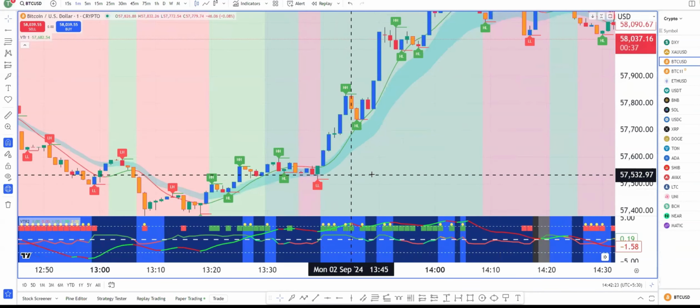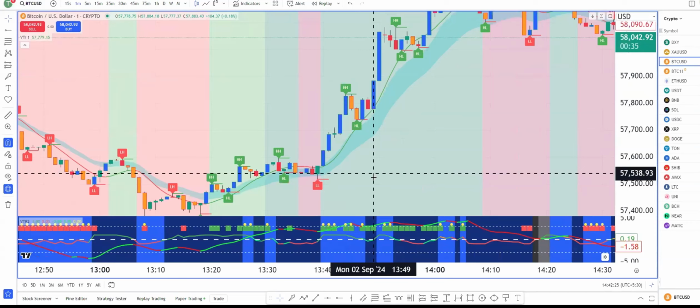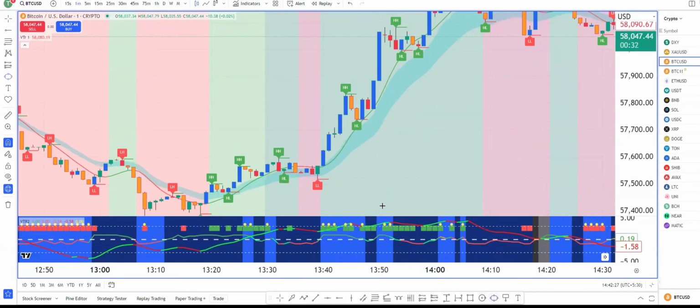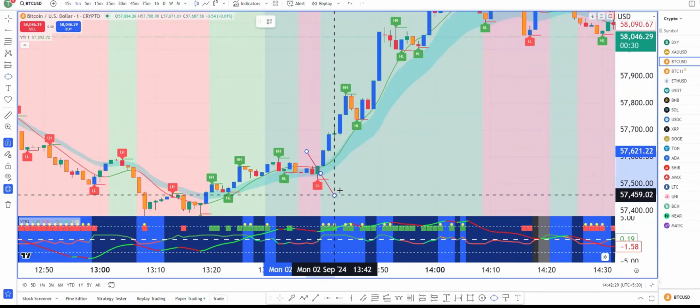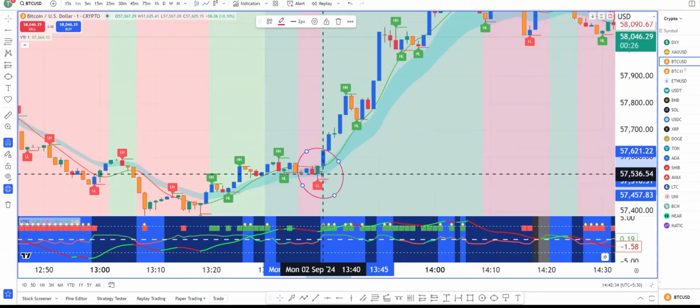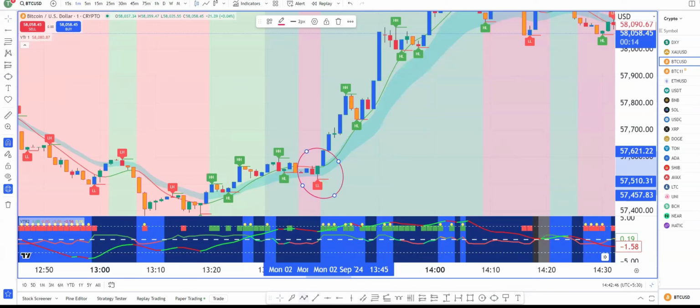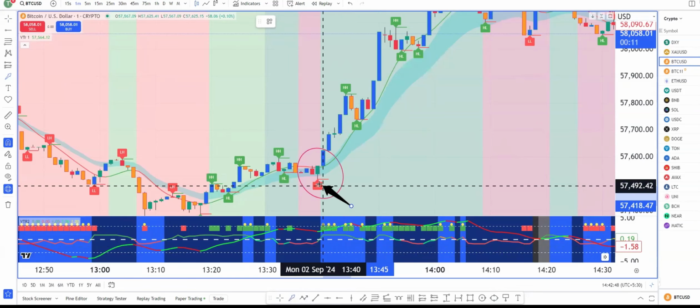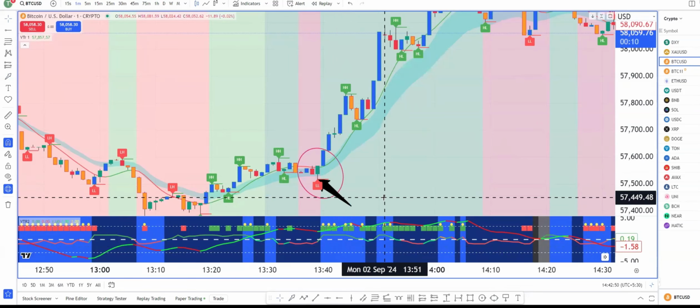Let's say at this level here, people think the price is so well placed that it is the right time to buy. A lot of buyers are coming into the picture here, saying that we should buy from here because right now it is a fair price.